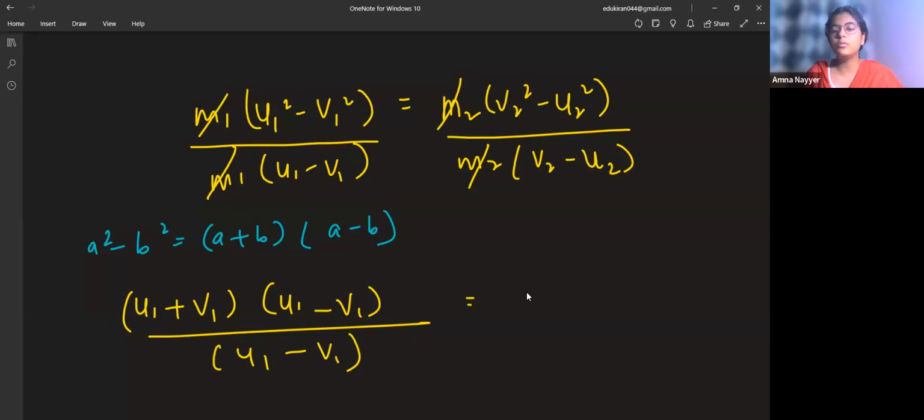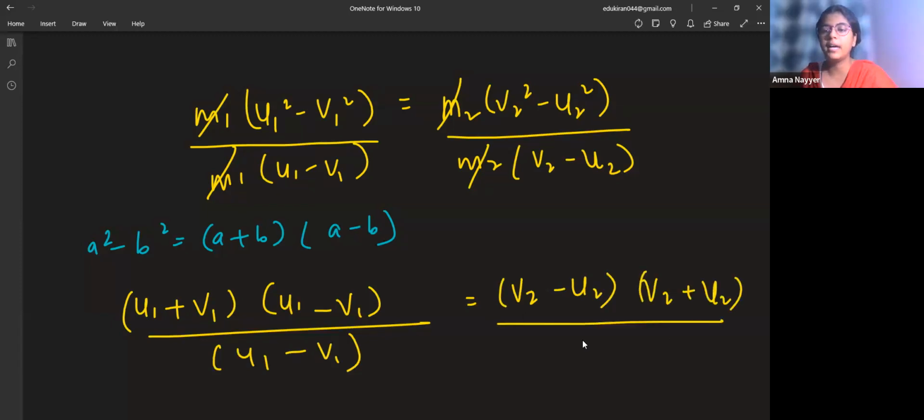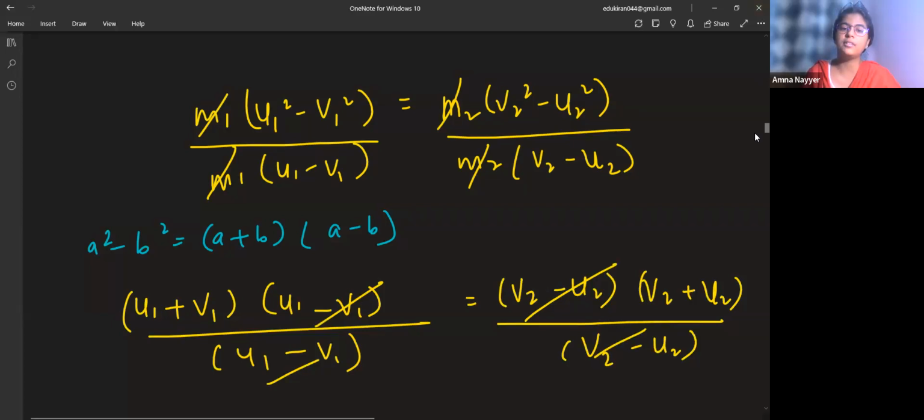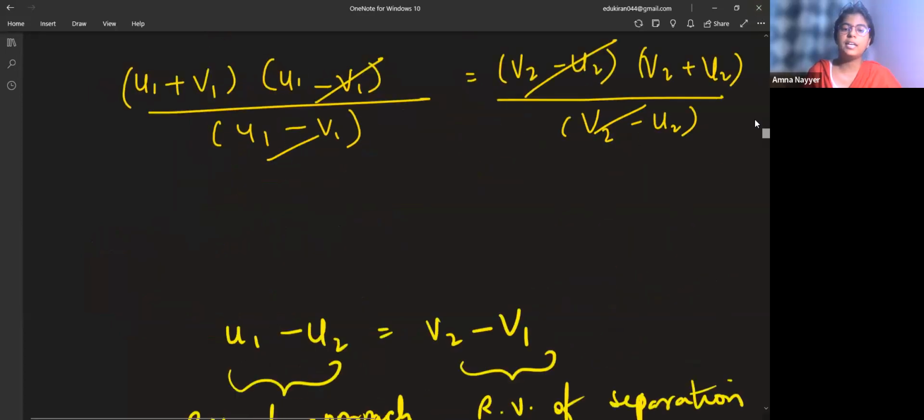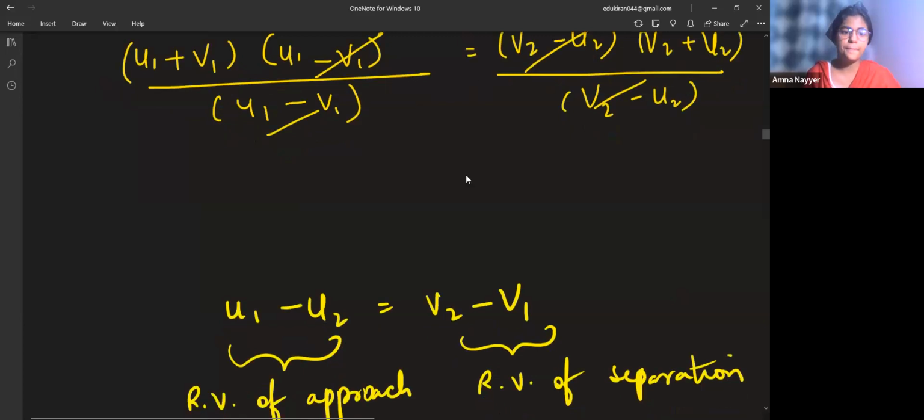This is equal to v2 minus u2 into v2 plus u2 divided by v2 minus u2. So this bracket will get cancelled, this and this will be cancelled. What are we left with now? We are left with v1 plus u1 is equal to v2 plus u2.